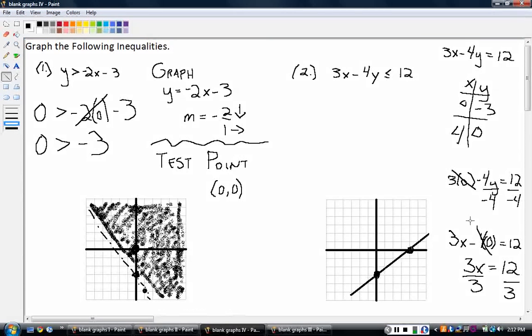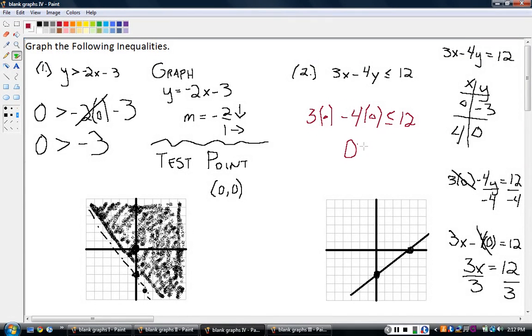Okay, and now I just have to decide what side to graph. Do I graph on the left side or do I graph on the right side? Again, I'm going to pick the 0, 0 point just because it's easy, right? Pick the intercept. It just makes it easier. If I plug in 0, 0 here, 3 times 0 minus 4 times 0, is that less than or equal to 12? Well, yeah, everything over here is 0.